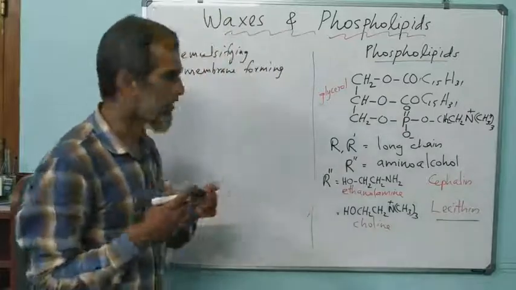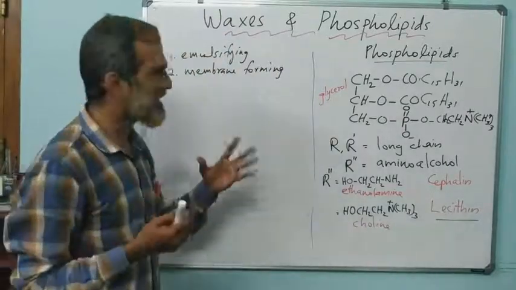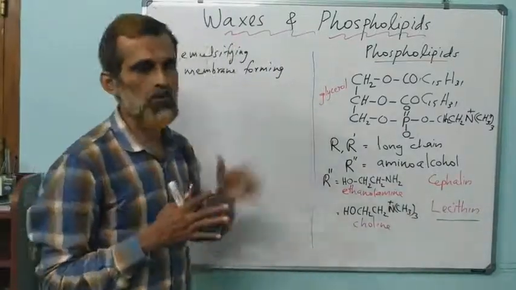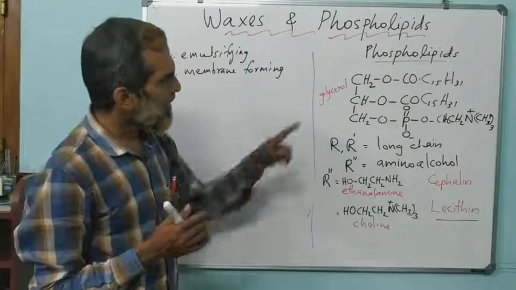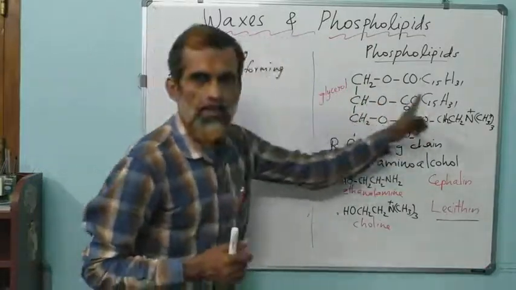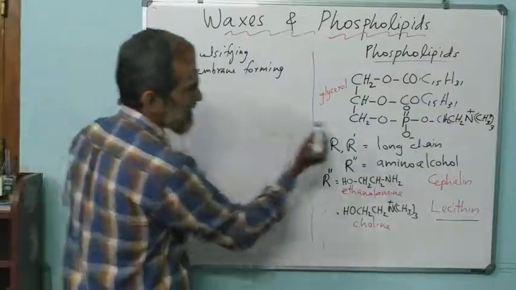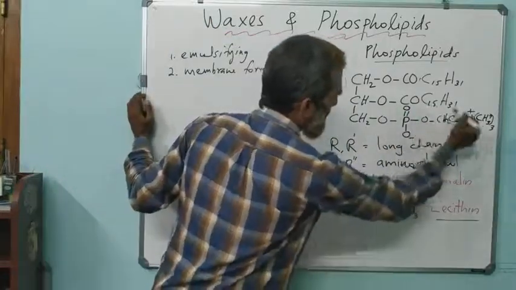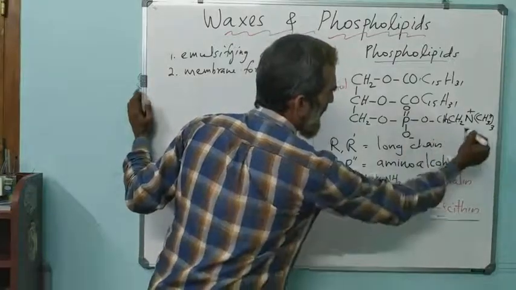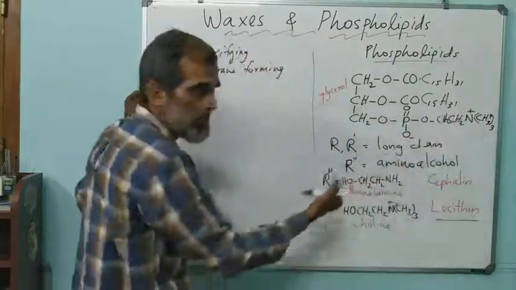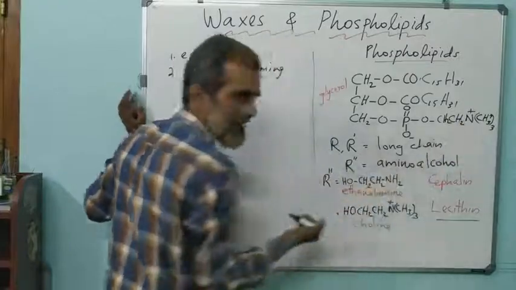How does it happen, or what makes them useful for this? See, a phospholipid can be conveniently represented like this. This is a polar group, right? This is a hydrophilic group because it is polar. This phosphate group is polar, it has charges.